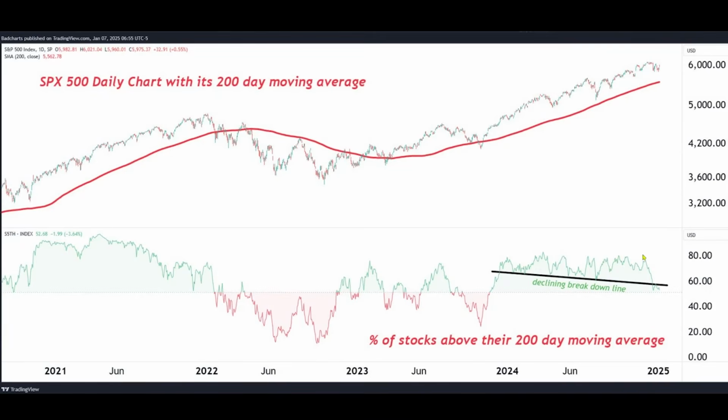If it's in the power zone and doesn't break down, you're fine, steady as she goes, healthy market. If it starts breaking down and the price is doing higher highs and the breadth is refusing to do higher highs and it's starting to fall, and it's at 52% now, falls into negative territory, then you're more susceptible to having a more important correction.